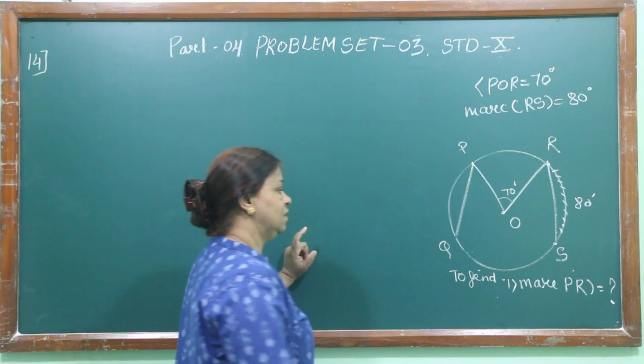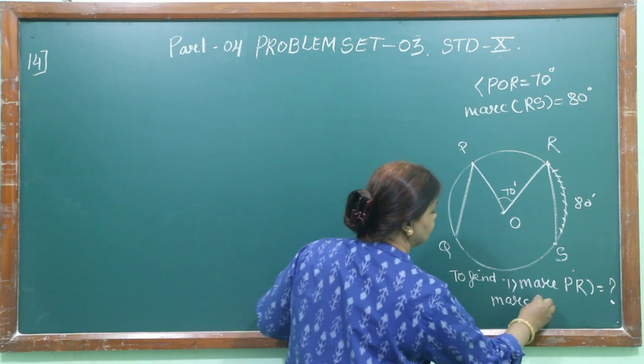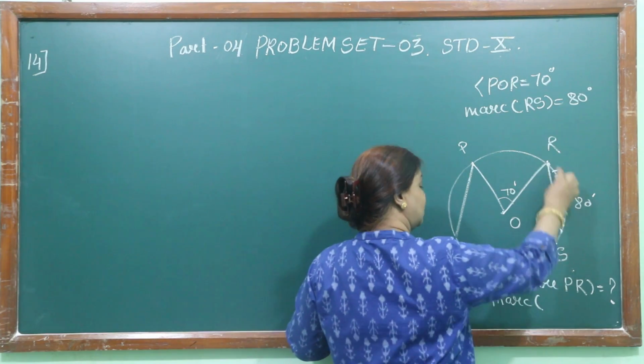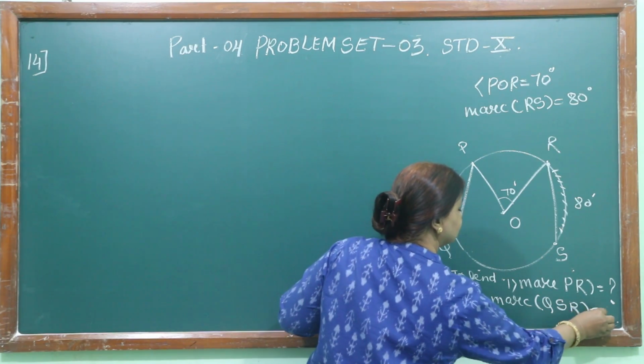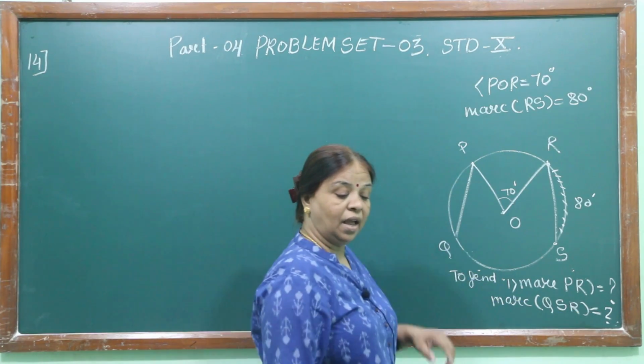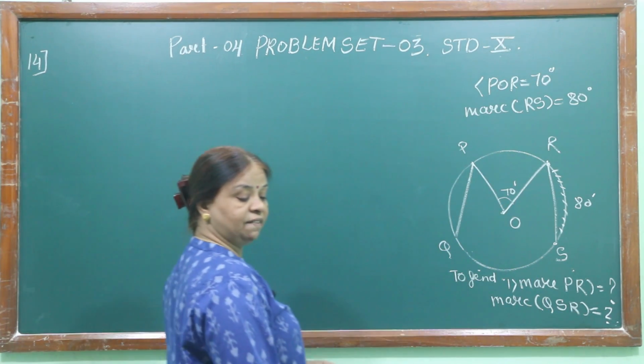Then major arc QSR, and one more thing we need to find out, children: major arc QS.